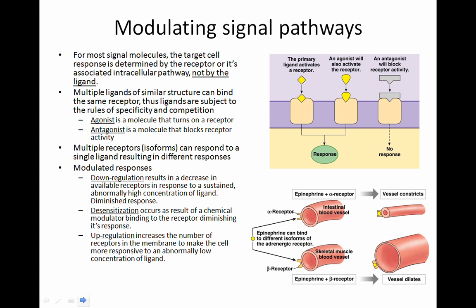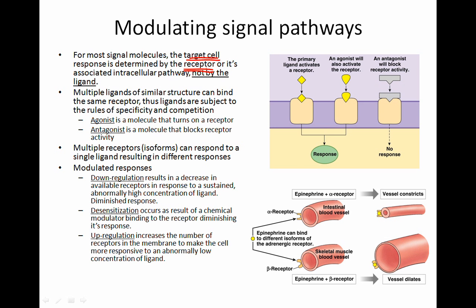I don't want to reiterate it so many times that you get bored of it, but I'm going to say it one more time. The response in the target cell is determined by the receptor. It's not determined by the ligand. In other words, what receptor is found on the cell is going to determine what is actually going to be activated. Down here we have an example of epinephrine. Epinephrine has two different types of receptors that it can bind to, an alpha receptor and a beta receptor.